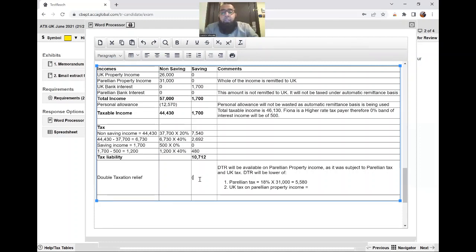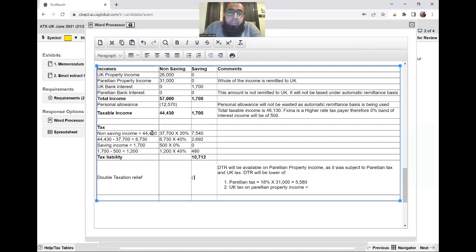Now we have to calculate the double taxation relief. What I need you people to remember is that when we were studying individual overseas issues, I taught you this concept of slicing, that we place overseas income at the higher slice.